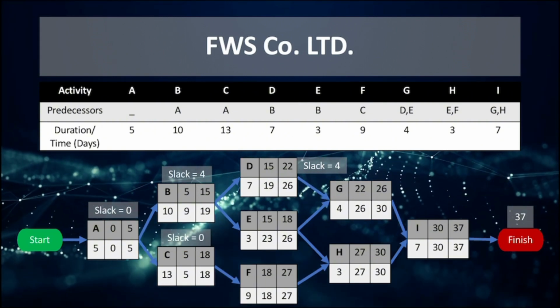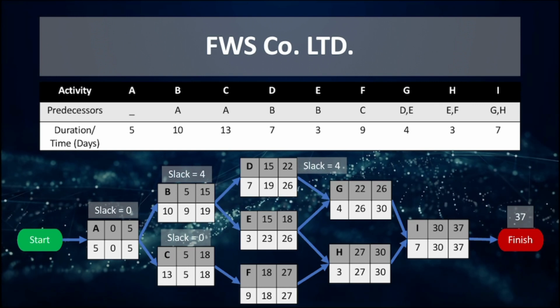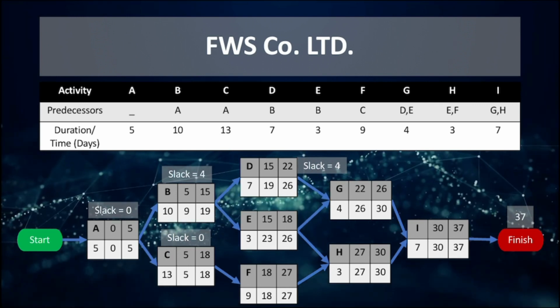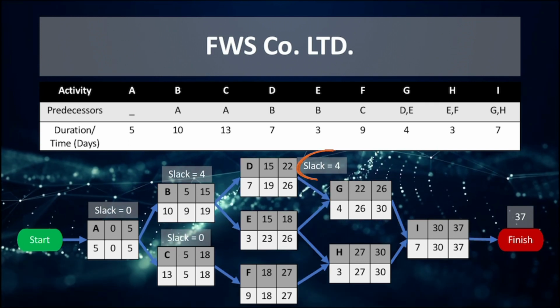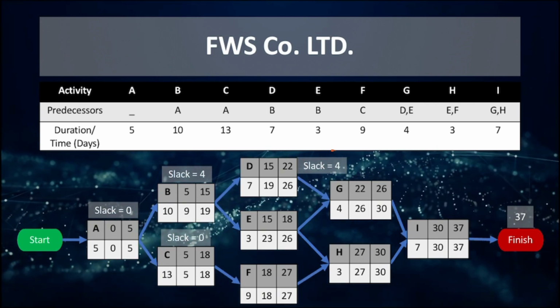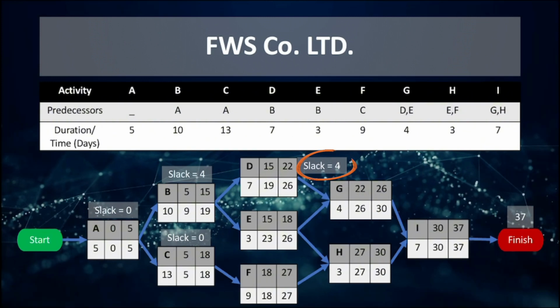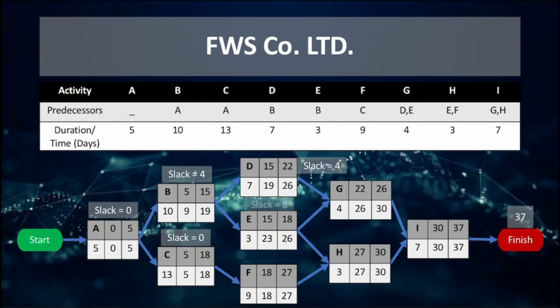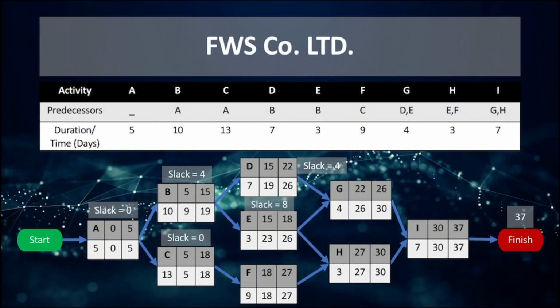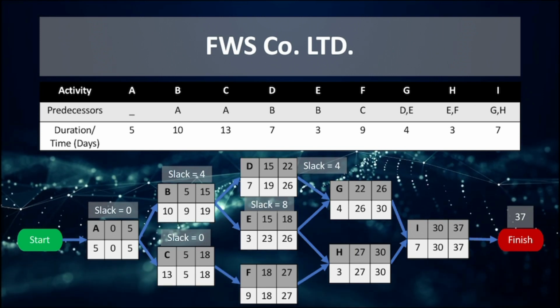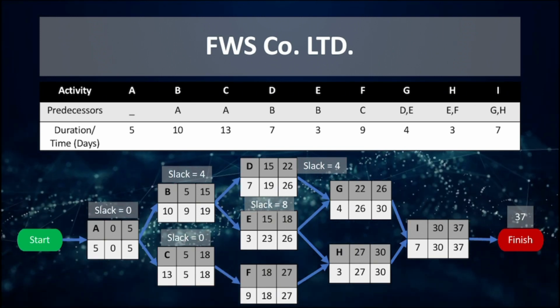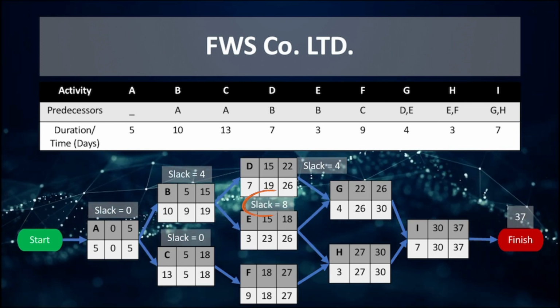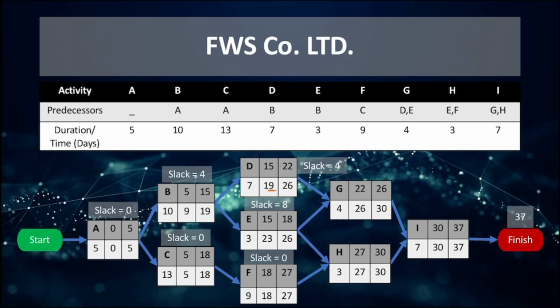The slack for D is 15 subtracted by 19, or 22 subtracted by 26, which is equal to 4. So the slack for D would be 4. The slack for E is 15 subtracted by 23, or 18 subtracted by 26, which is equal to 8. So the slack for E would be 8.